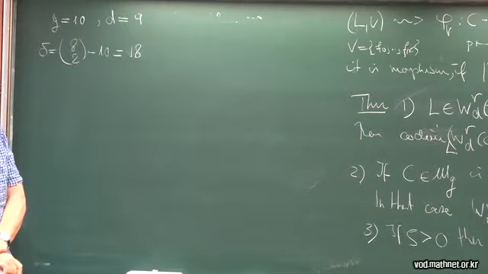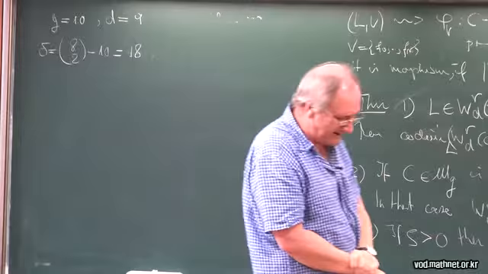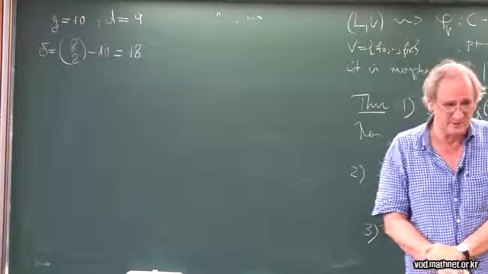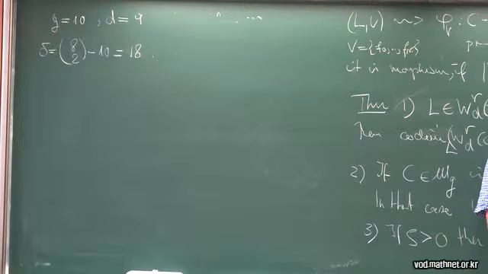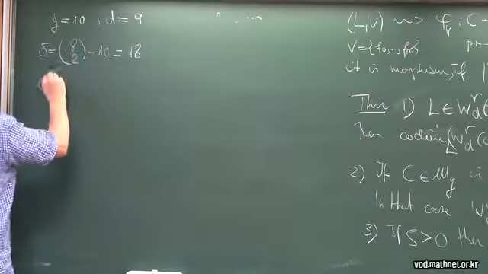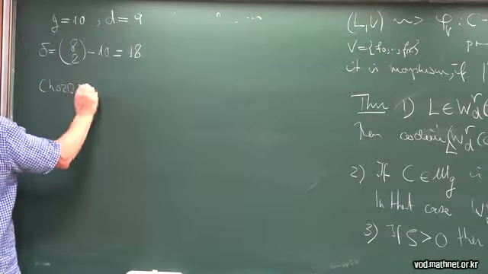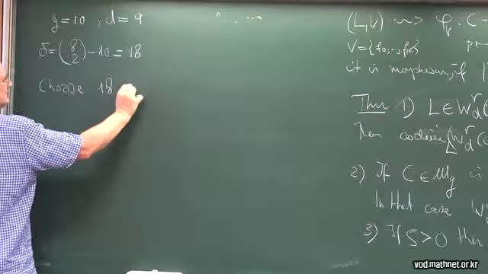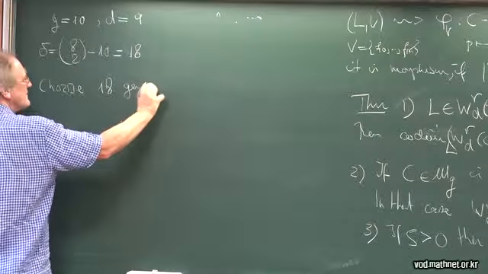All right. Now, in general, very, very little is known about the position of these double points. So in the construction step, I'm going to choose the double points freely. I choose 18 general points.